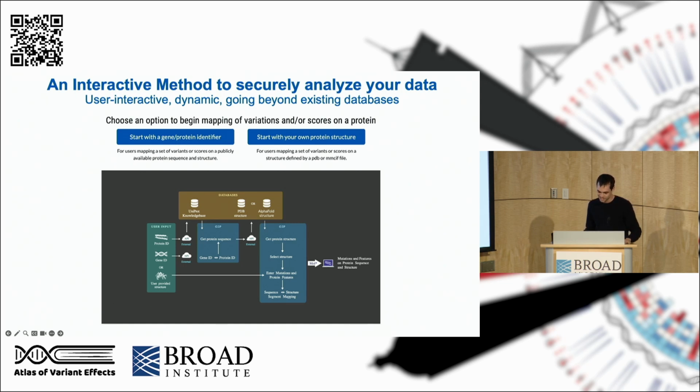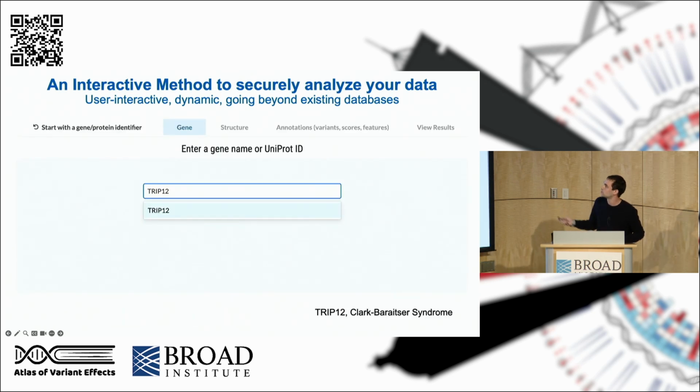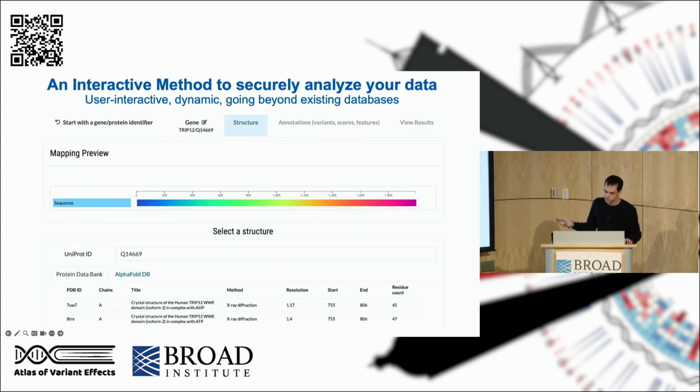And then you could go and do your analysis. So we're going to go through an example with TRP12. TRP12 is a ubiquitin ligase. It works in DNA damage response, and it has variants associated with multiple different diseases. First, we'll select a structure.